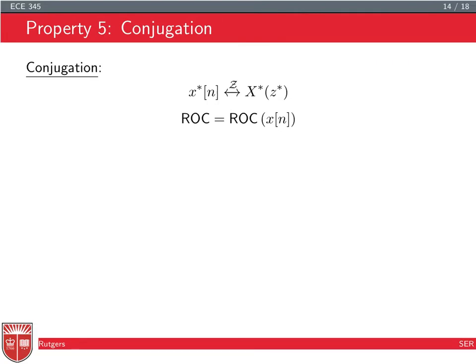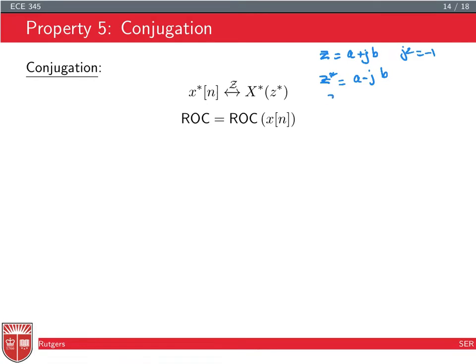Property 5 concerns conjugation. To remind you, the conjugate of a complex number z, in Cartesian coordinates, can be written as a plus jb, where j squared is equal to minus 1. Then the conjugate of this number would be a minus jb.